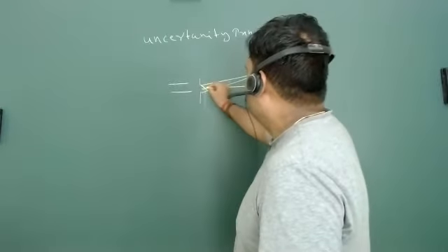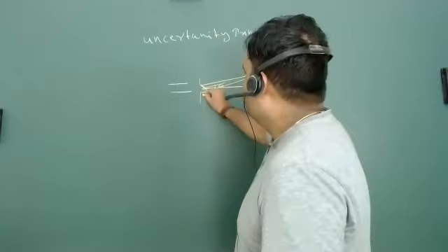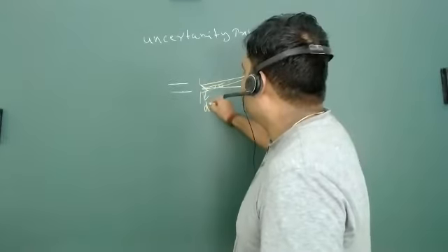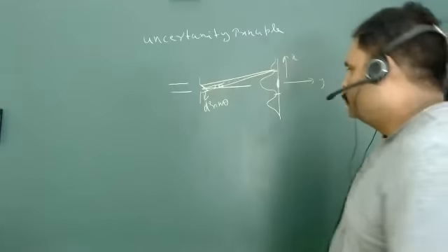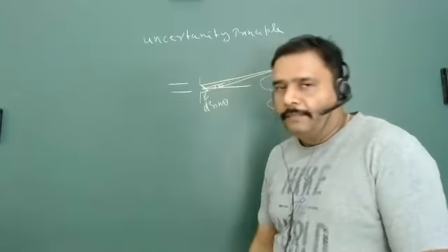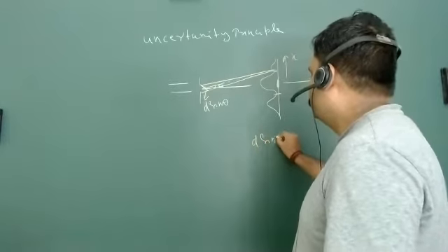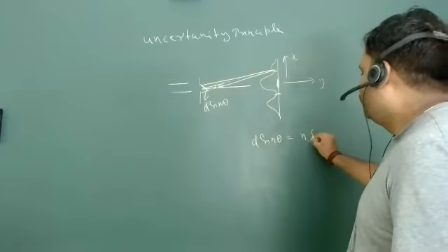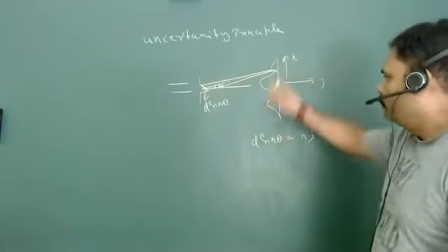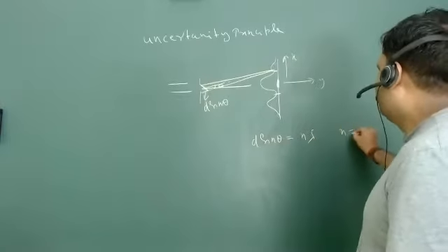So this is the center part, and this angle is theta. And what will this be? This will be d sine theta. You know from the diffraction pattern, d sine theta is equal to n lambda. This is for the general concept, but I am just talking about the first maxima.